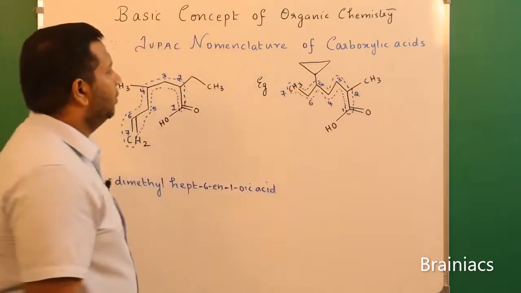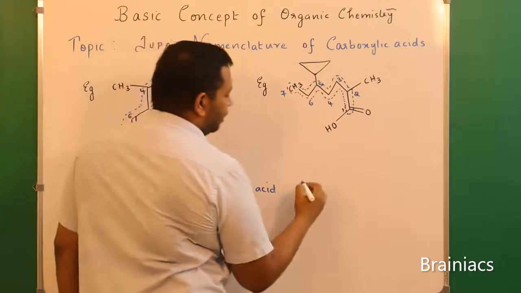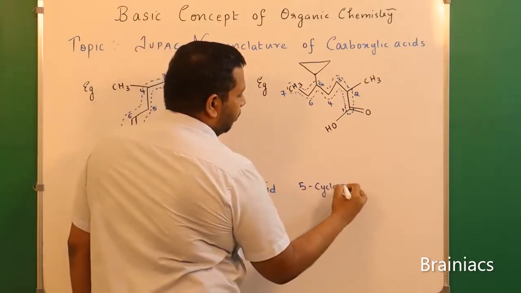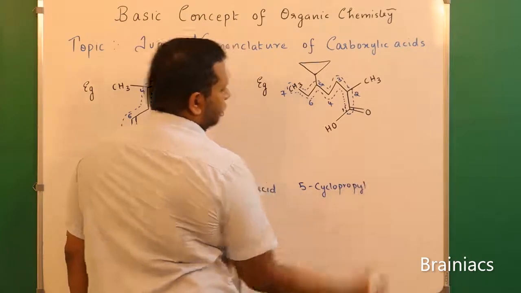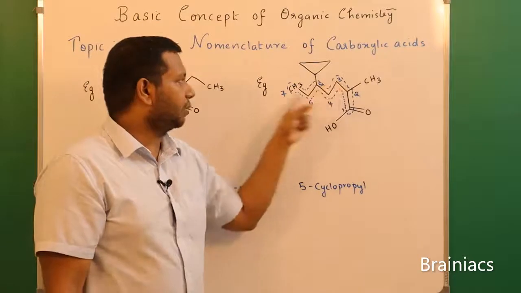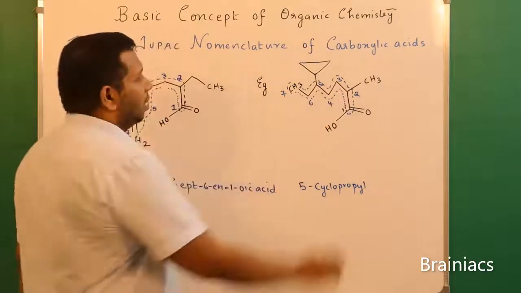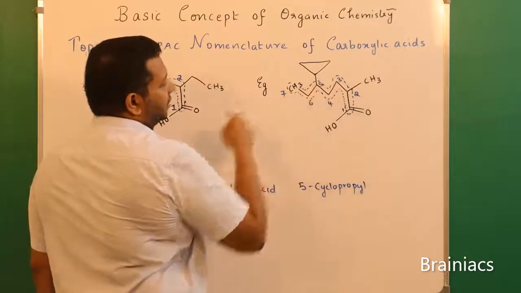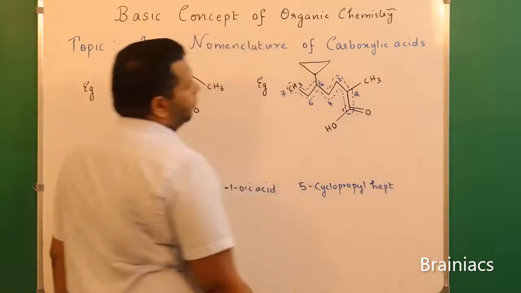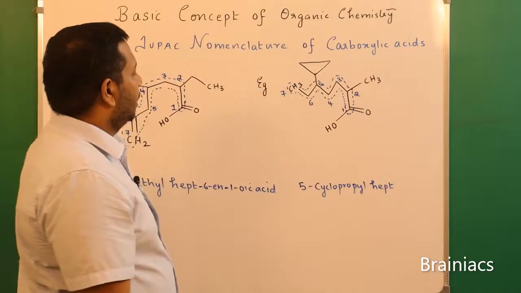Now how should I name it? Tell me the second degree prefix, that is 5 hyphen cyclopropyl, correct. Then the 1 degree prefix is not applicable because the parent carbon chain is a linear compound. Then comes the word root, that is 7 carbon, so it is hept, correct, hept. Then okay, here I made a mistake.